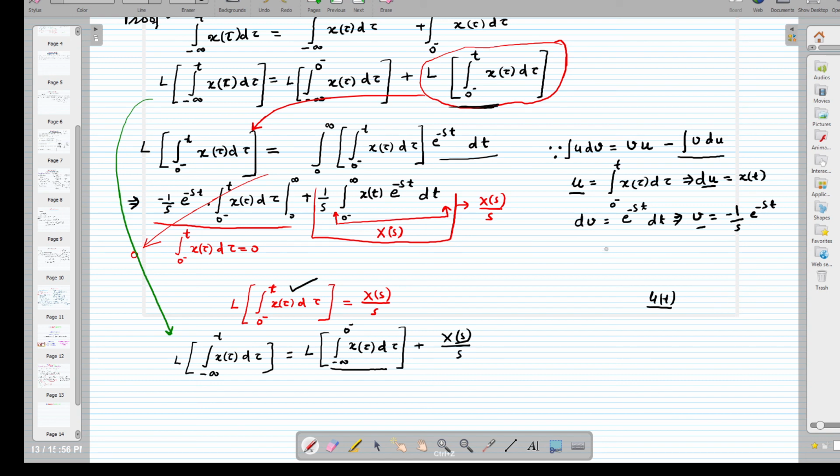In the same way, since the integration from minus infinity to 0 negative of x(tau) d tau is a constant term, it is multiplied by 1, and 1 is nothing but u(t), so it is divided by s, plus X(s) by s. So this is the Laplace transform of an integral term.